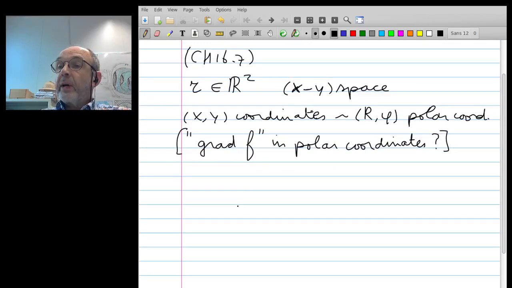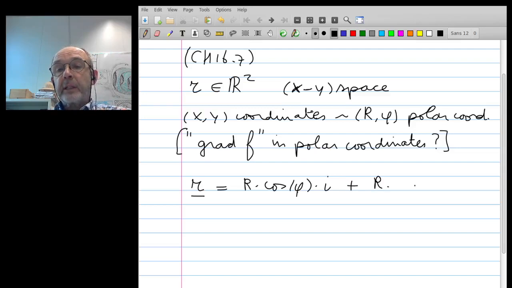We can write our R, some point in the R2, as a vector, and we can write it in polar coordinates. You get R times the cosine of phi times the i plus R times the sine of phi times the j.